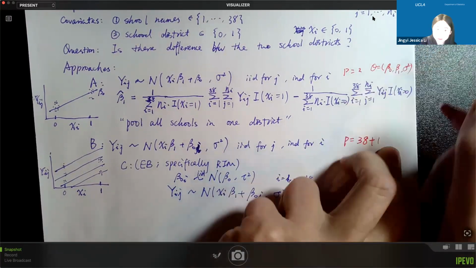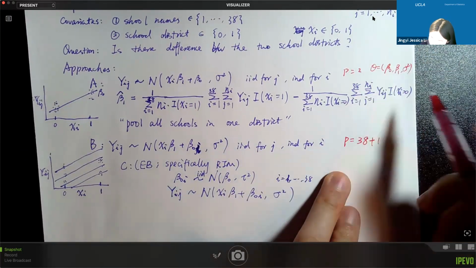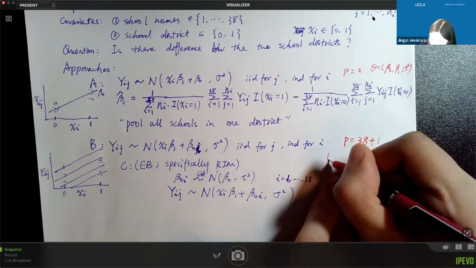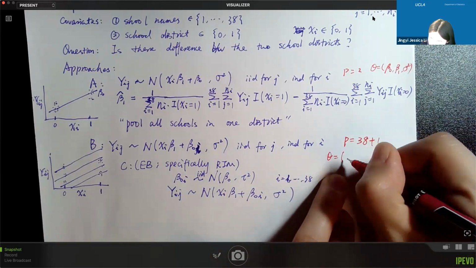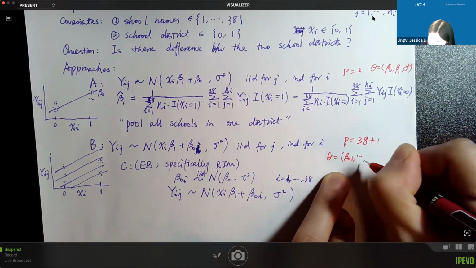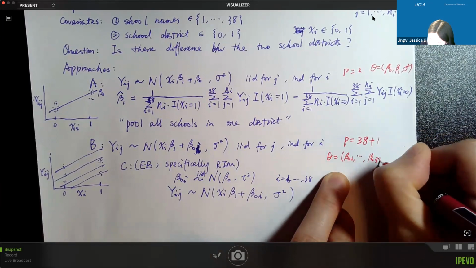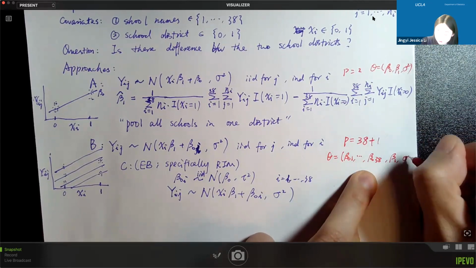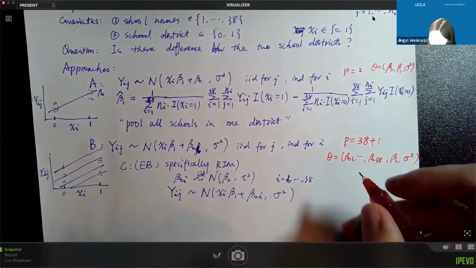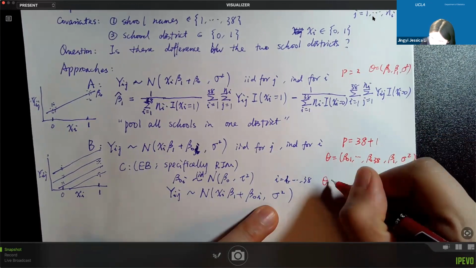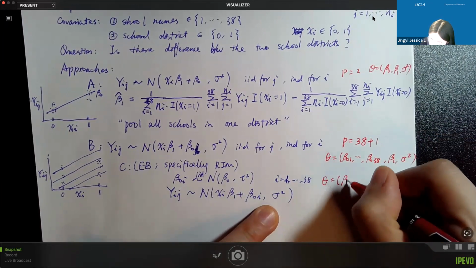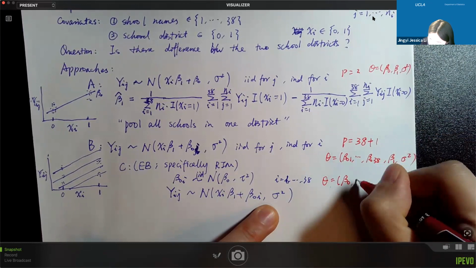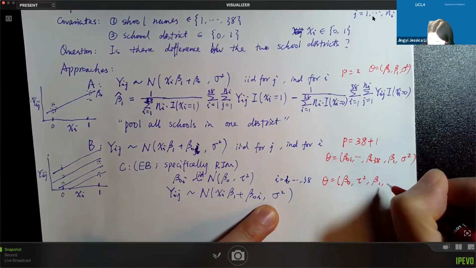Those are the parameters we have in approach A. And in approach B, we have theta as beta 01 to beta 038, beta 1, sigma square. And for approach C, theta becomes beta 0, tau square, beta 1, sigma square.